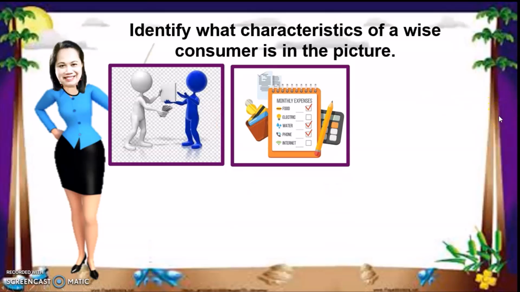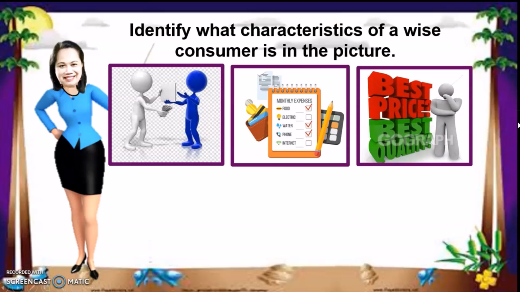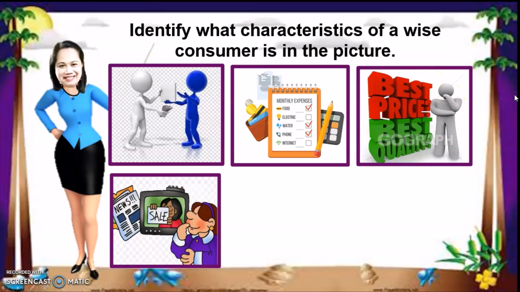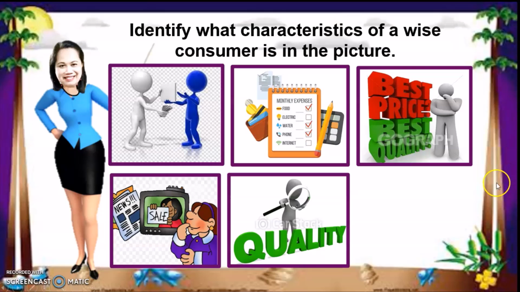Next, number 2. Okay, there is a monthly expenses. So what is that? The next one? Okay, best price, best quality. What is this? Next, this one, sale, news, sale. So what is that? And then the next one, quality.